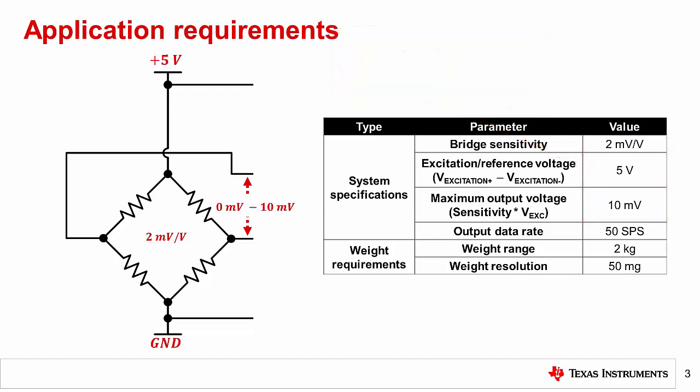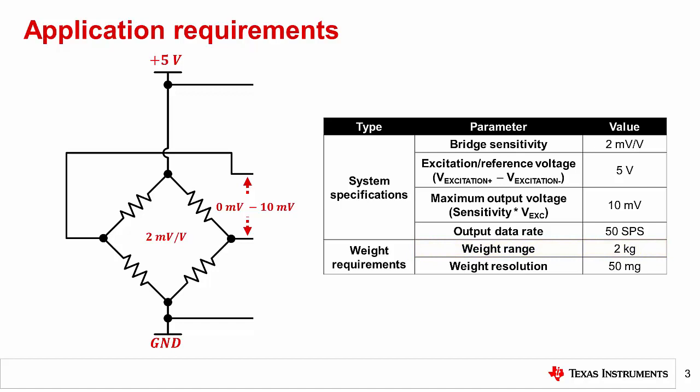As you can see, such a small output voltage requires very low noise to support wide dynamic range applications, which is why we will use a precision delta sigma ADC. The bridge output voltage also corresponds to the bridge's weight range. This specification is defined by the load cell manufacturer, so we have chosen a common value of 2 kilograms for this example.